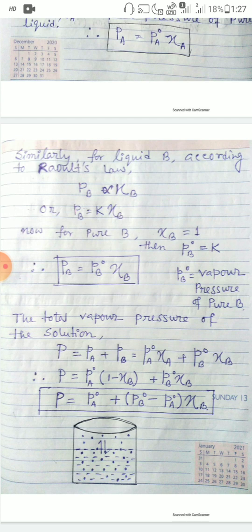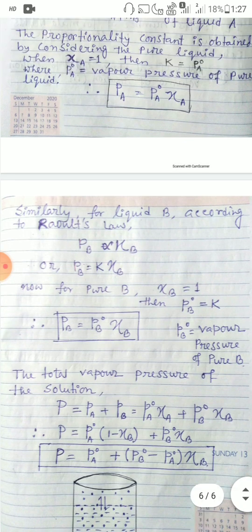They can easily pass from liquid state to vapor state. One is more volatile, that is, one liquid can more easily pass into vapor state and another less easily. But both have some vapor pressure, and their vapor pressure is represented by their partial pressure.